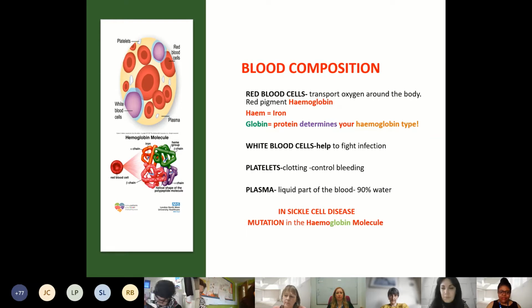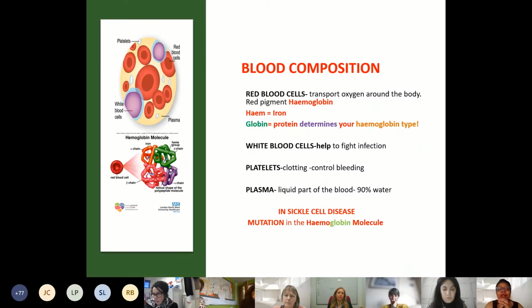Let's have a look at blood composition. The sickle cell problem is that the red blood cell is affected. The quality, structure and function of the red blood cell is affected. The red colour is the pigment in the red blood cells, called hemoglobin, the oxygen-carrying chemical compound in the blood.